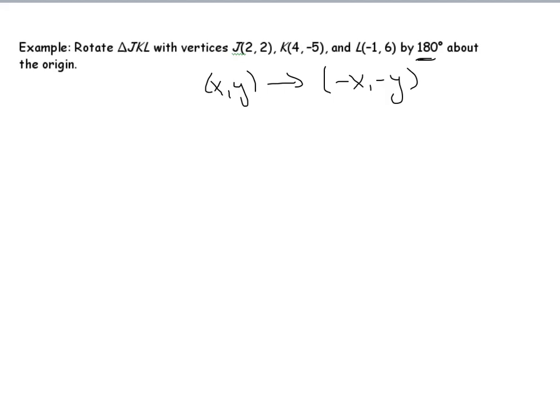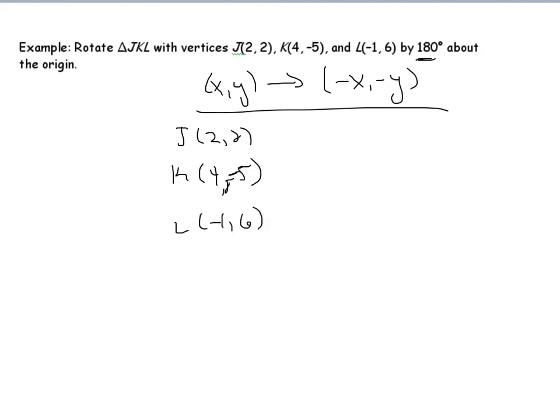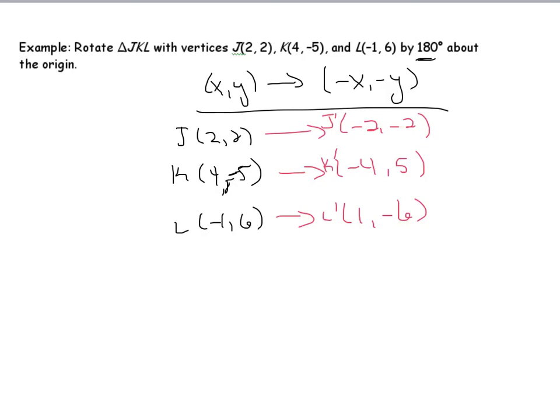So if my pre-image for J is (2, 2), K is (4, -5), sorry for my handwriting here, and L is (-1, 6), I go through this transformation and switch my coordinates. So this would end up being (-2, -2), (-4, 5), and (1, -6). So this would be J prime, K prime, and L prime. Just simply follow the rule.